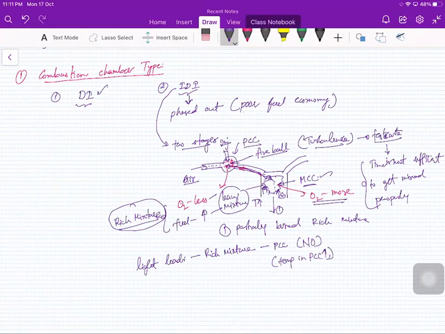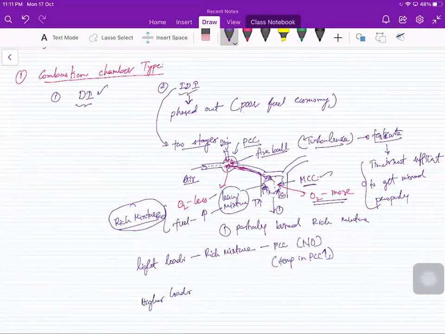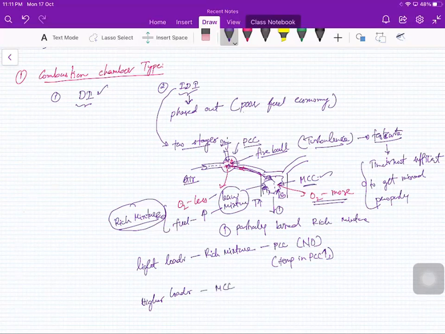But at higher loads, the additional NO formation would occur in the main combustion chamber. So the MCC will contribute more NOx at higher loads.